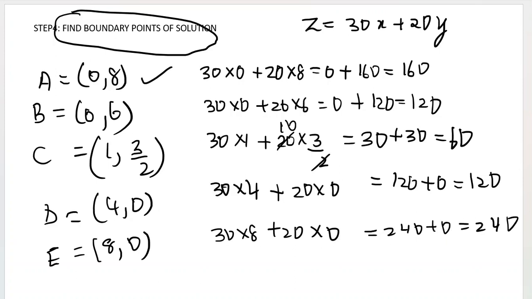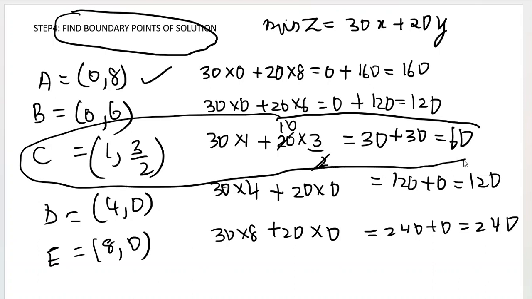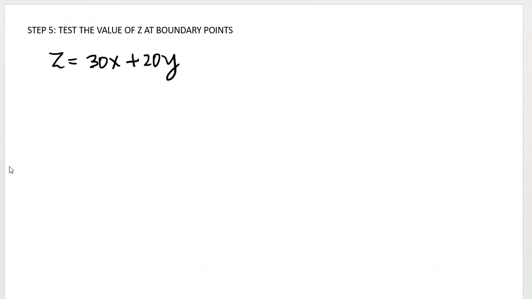Now, if you observe, the problem was saying minimize z. So what we have to do is, among these, we have to select the smallest value. Now the smallest value among 160, 120, 60, 120 and 240 is 60. So we select this and this serves as the answer.